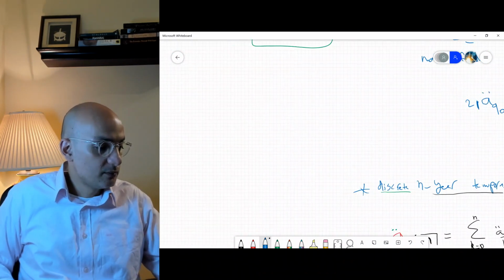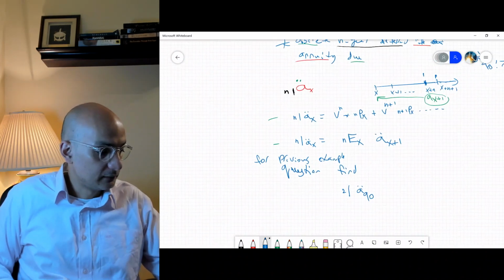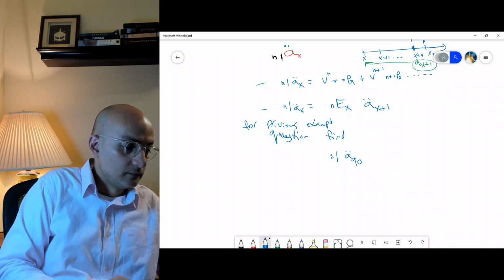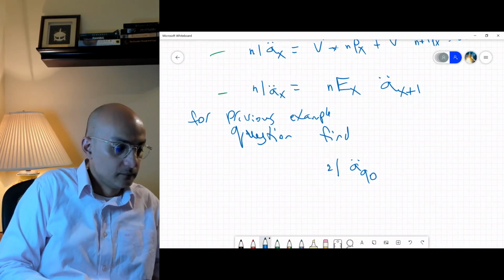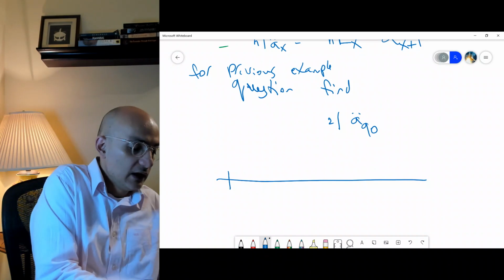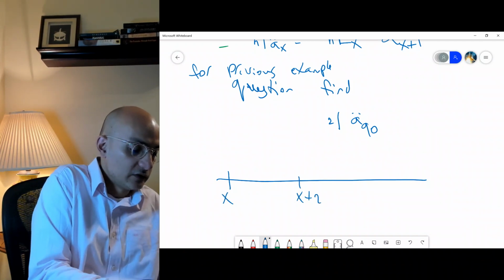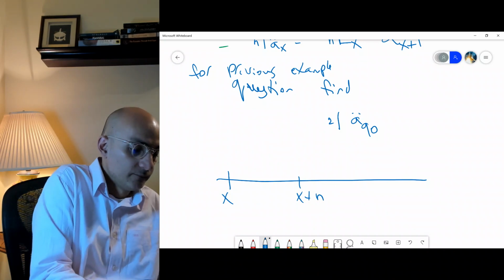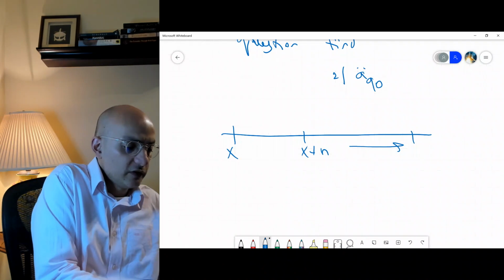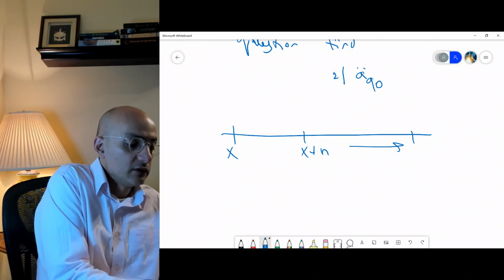Now let's go back to here. Now let's look at this: you have x plus 2, x plus n, and continue here. So just similar to what we did in the discrete case.